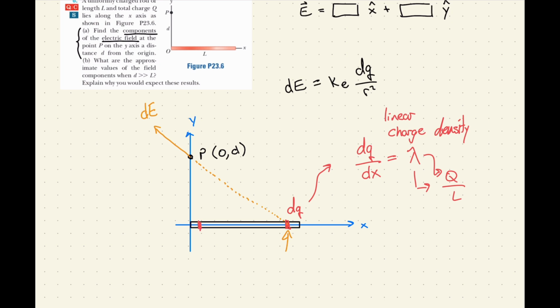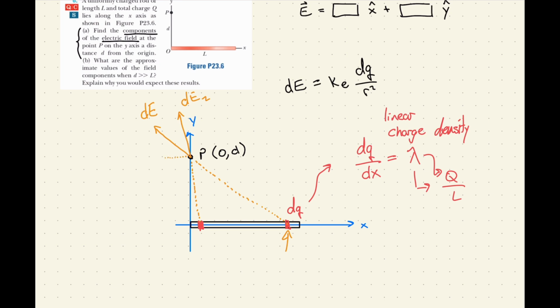If we look at a component here, this will do a similar thing. So we can add all these up and we will get some other maybe dE2, right? And you can see all of these will come from the rod like that, and we can combine all of them together to get the total electric field. Now the cool thing is we can break apart these into their components.